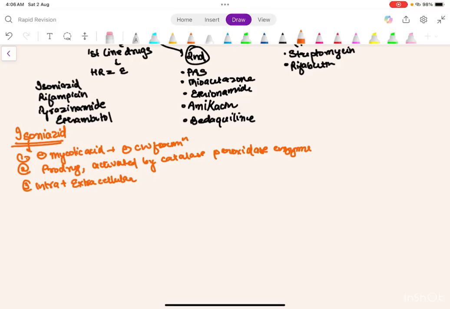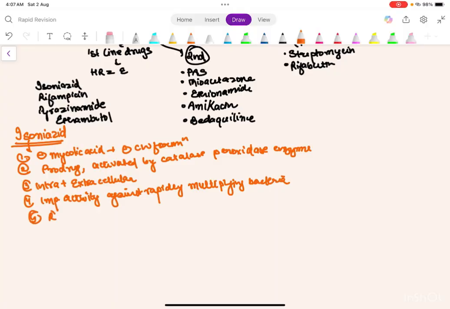Another important point is that it has important activity against rapidly multiplying bacteria. Sometimes there is resistance to isoniazid, and it is due to the KatG gene.